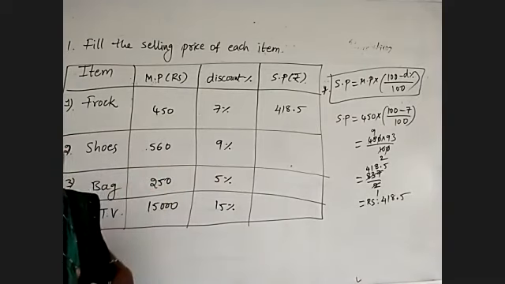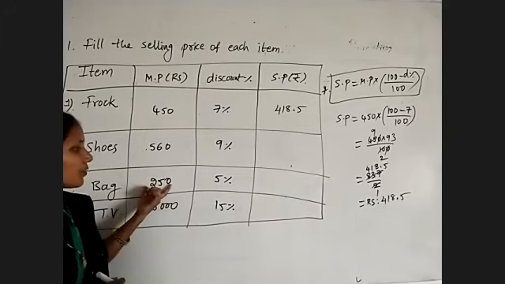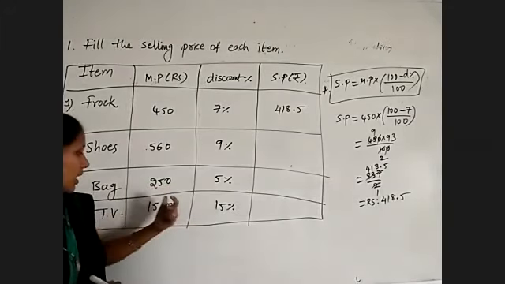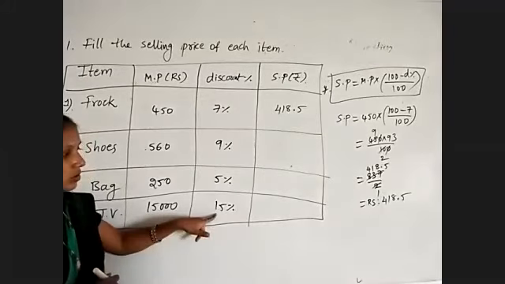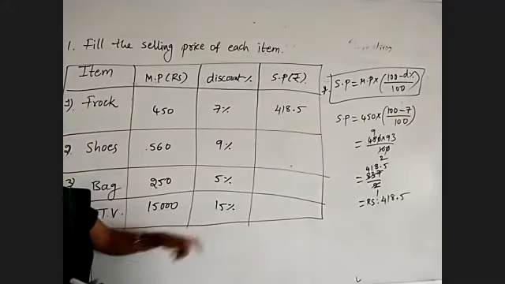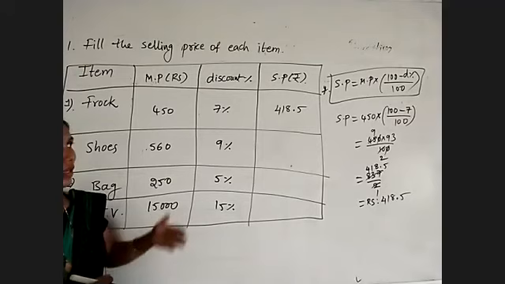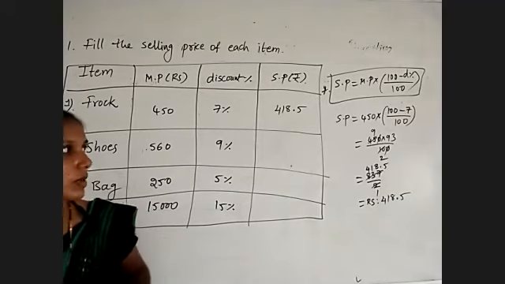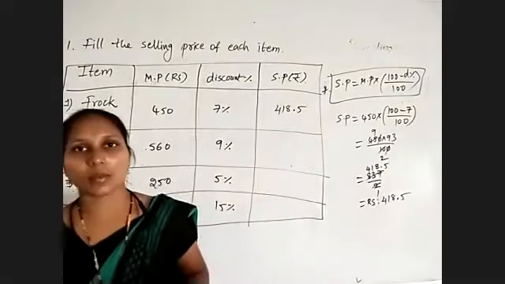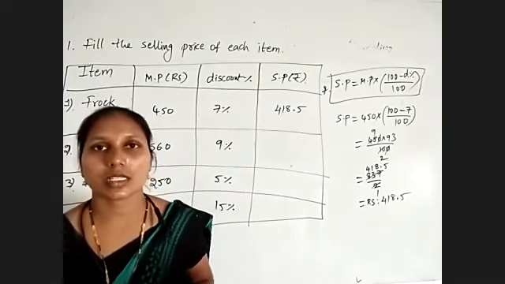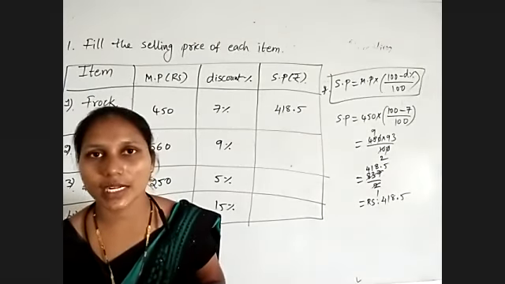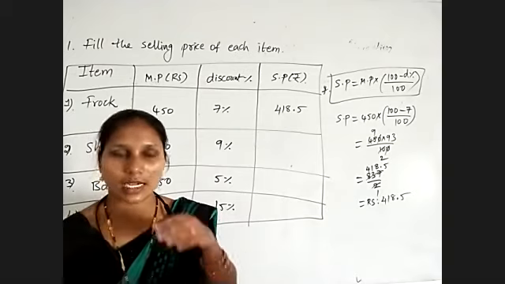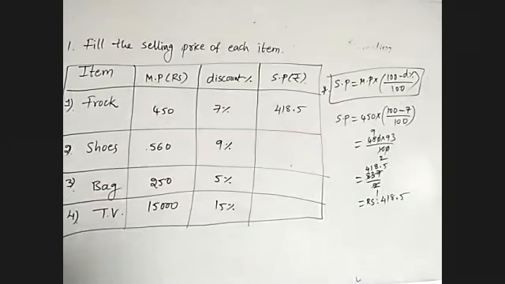That's all. And 250 into 95 by 100. 15,000 into 85 by 100. Just simplify all these problems by using the same formula. And the remaining questions depending on profit and loss and value added tax we will discuss in the next class.